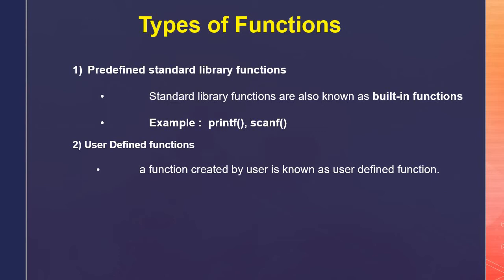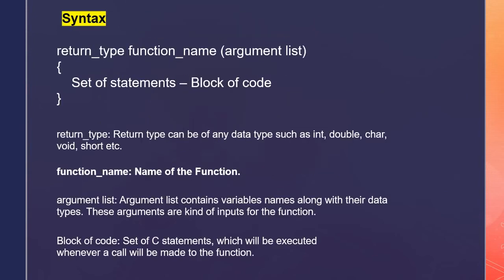All of these come under the standard library functions, and we call them predefined standard library functions. The second one is user-defined functions. When the user defines their own functions according to the logic, they are called user-defined functions.